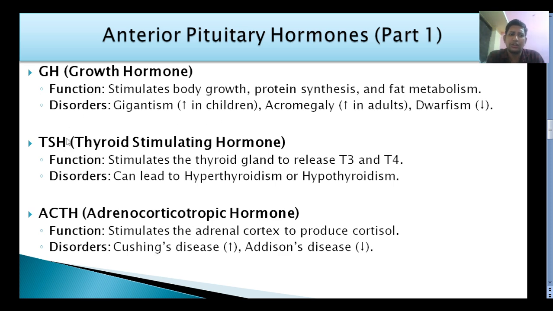Now, coming to the next hormone, that is thyroid stimulating hormone, TSH. It mainly stimulates the thyroid gland. As the name suggests, it stimulates the thyroid gland to release T3 and T4. What is T3 and T4? Triiodothyronine and tetraiodothyronine. These are the two hormones produced by the thyroid gland under the influence of TSH secreted by the anterior pituitary.